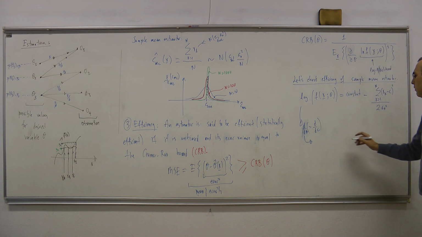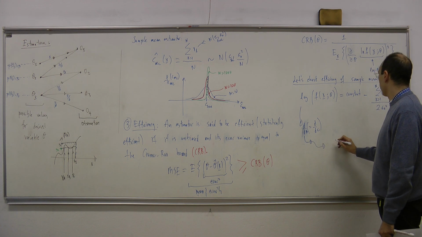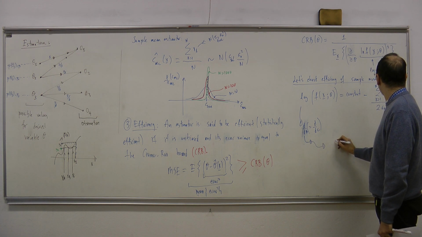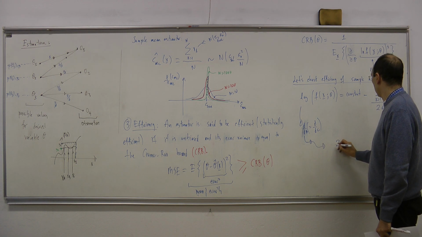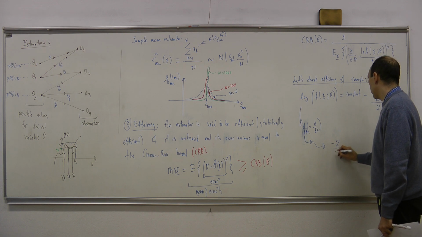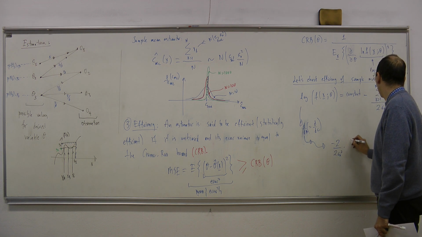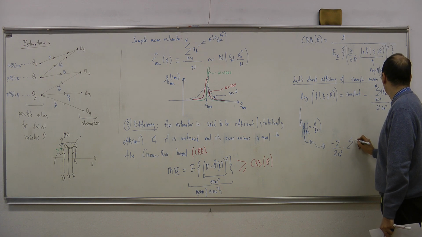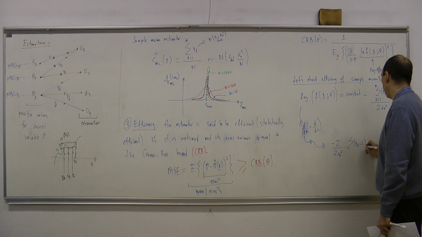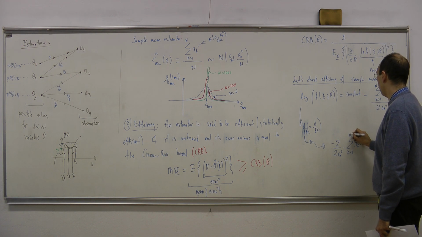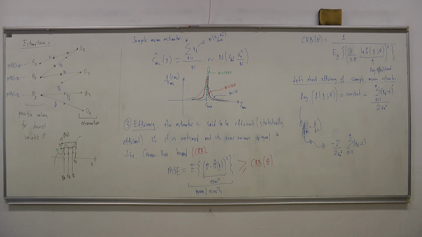So I'm taking the derivative with respect to c. So I get, well, minus 2, there is 2 sigma n square times xk minus c, k1 to n. Okay, I get this. Now I have calculated this part.